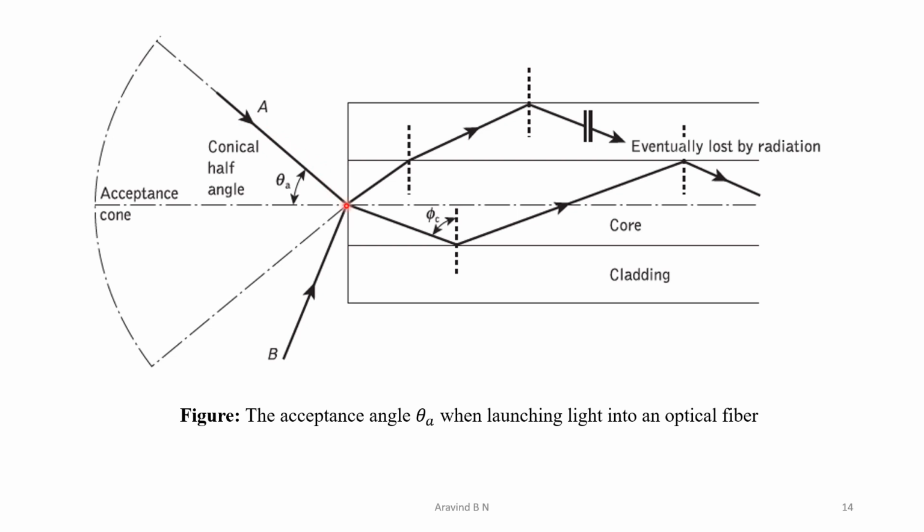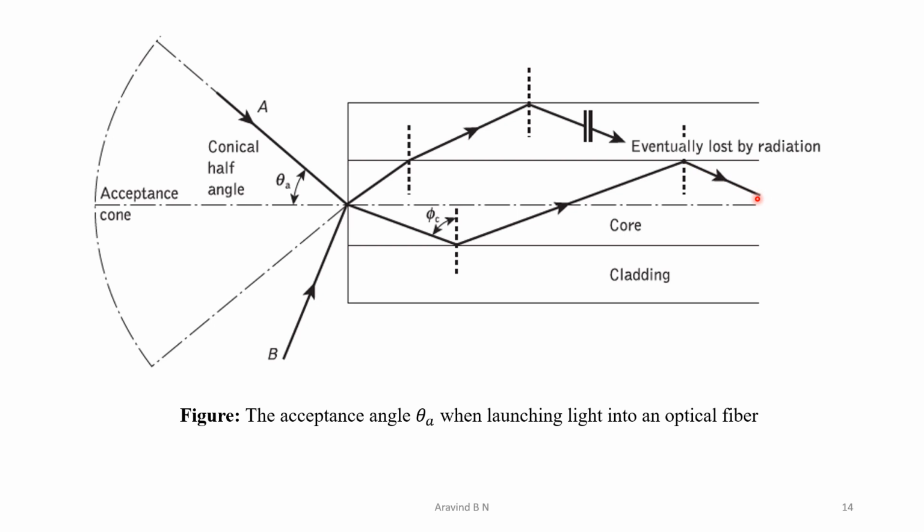Whenever it hits the optical fiber, due to the change in refractive index, refraction happens, and due to that refraction it is bent to a certain extent. After that it will hit the core cladding interface. If the angle of incidence at this core cladding interface is greater than the critical angle, then it will continue to propagate with the concept of total internal reflection, and the same will continue till the end.